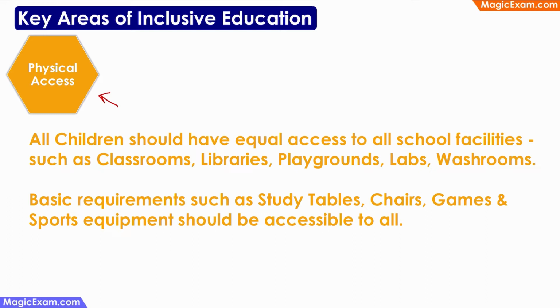But if you look at the current legal requirements under the RTE Act or under the Disability Right Act, we'll see that schools and all buildings have to be designed in such a way that all children and all learners should have equal access to all the school facilities, including the classrooms, library, playground, labs, washrooms, etc. So the basic requirements such as the chairs and the tables and the games and the sports equipment, all of these should be accessible to all children. So this is what physical access is all about.